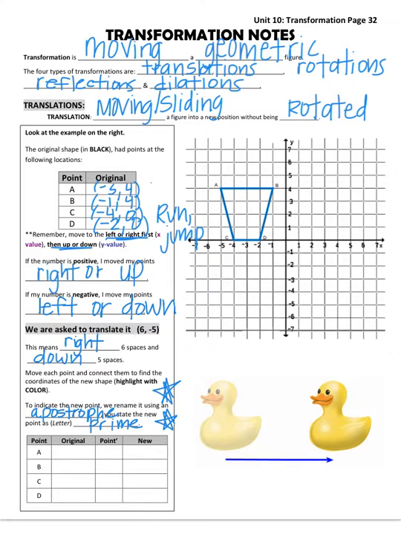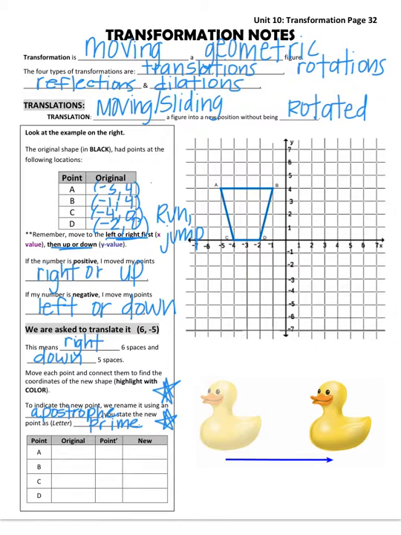Alright, so let's try to move ABCD, +6, -5. Change the color here to red. So I'm going to count my units. So for A, 1, 2, 3, 4, 5, 6, and then down 1, 2, 3, 4, 5.